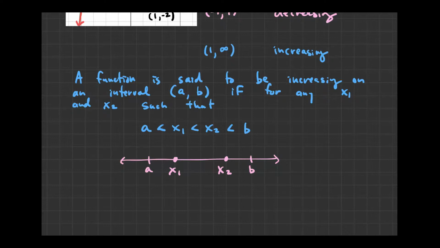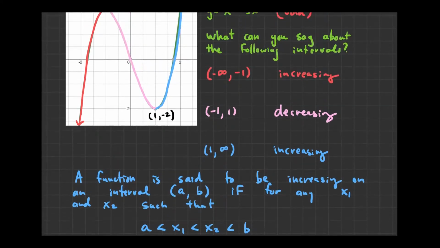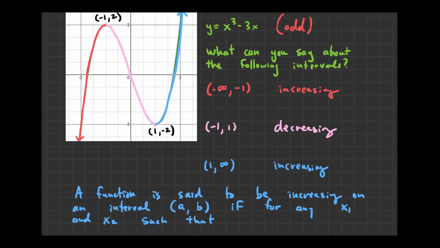They're both values in the interval, and x1 is smaller than x2. So effectively, if we look at the graph, here's my interval from -1 to +1. I'm going to find two values between -1 and 1. How about here and here?